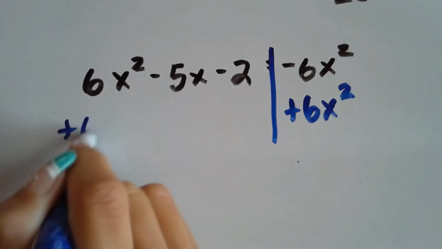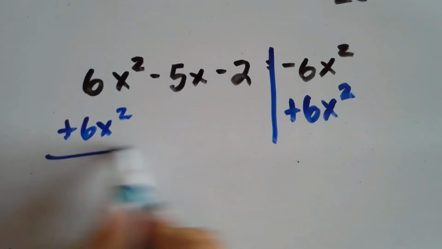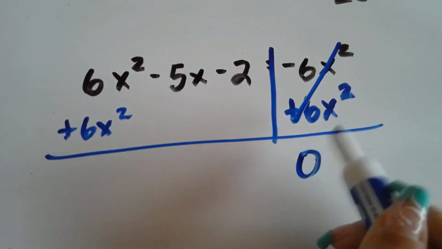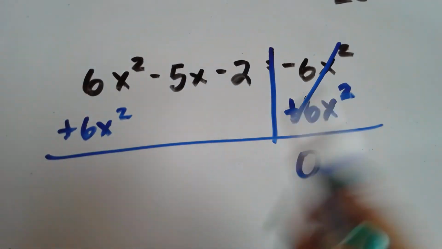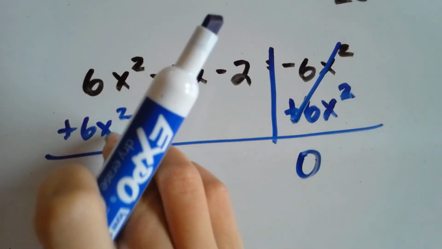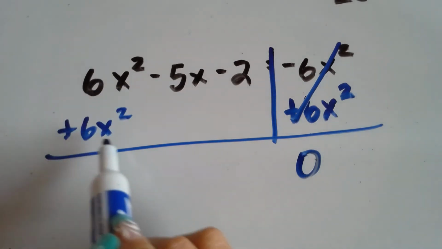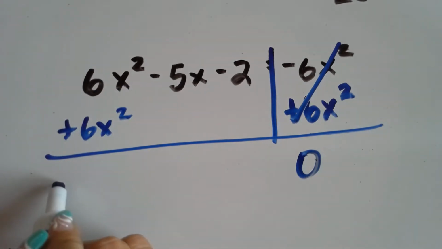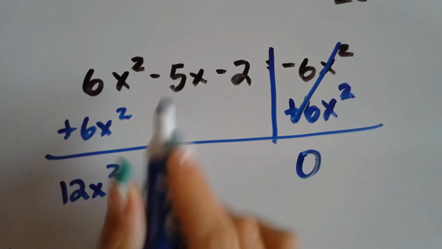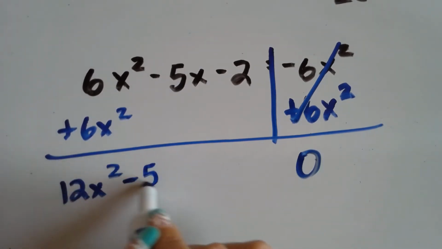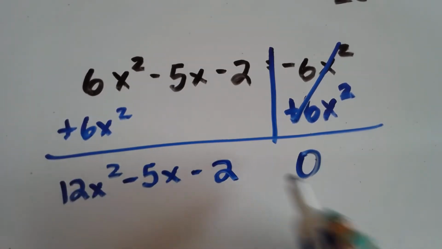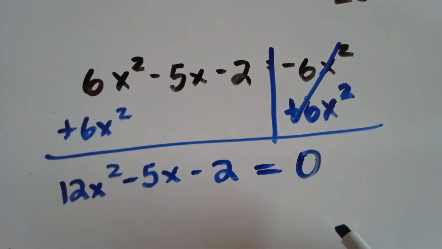We're going to combine this plus 6x squared, okay? Because we're going to cancel this out and make it a 0. We're combining our like terms. So this one has the x squared, so it goes with the x squared. So 6x squared plus 6x squared is going to be 12x squared. Nothing combines with our x, so we're going to say minus 5x minus 2, and that equals 0.